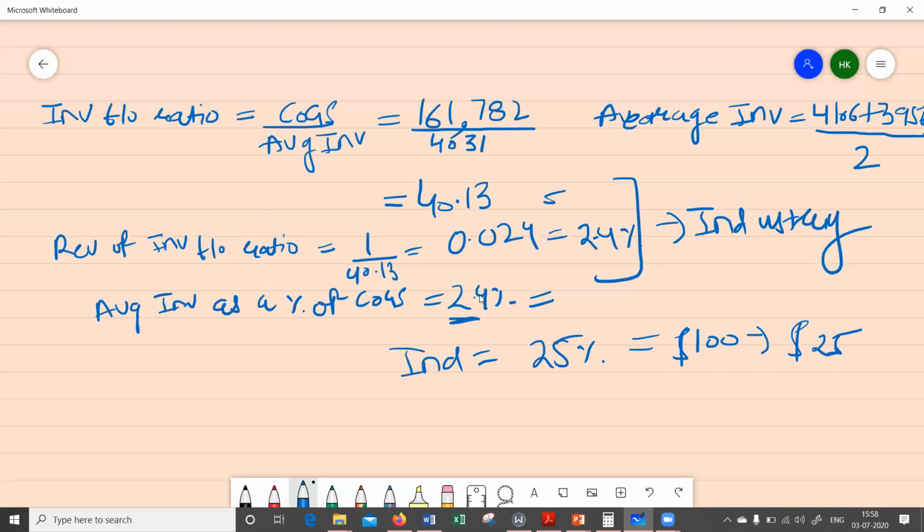But Apple has a very low amount of inventory with respect to the amount of goods that it is selling.